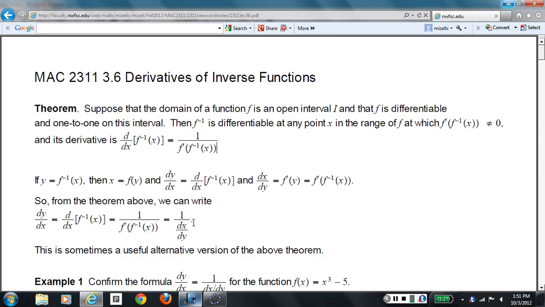And I just want to look at a graph of a one-to-one function and its inverse and see if we can see why that ought to be the case.